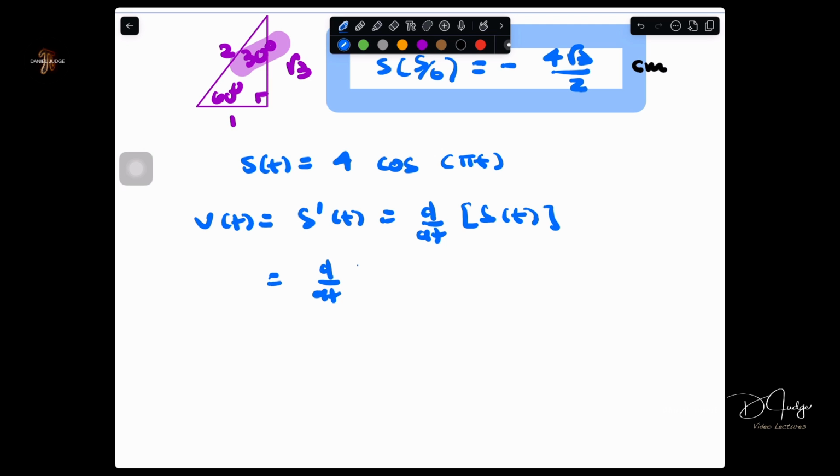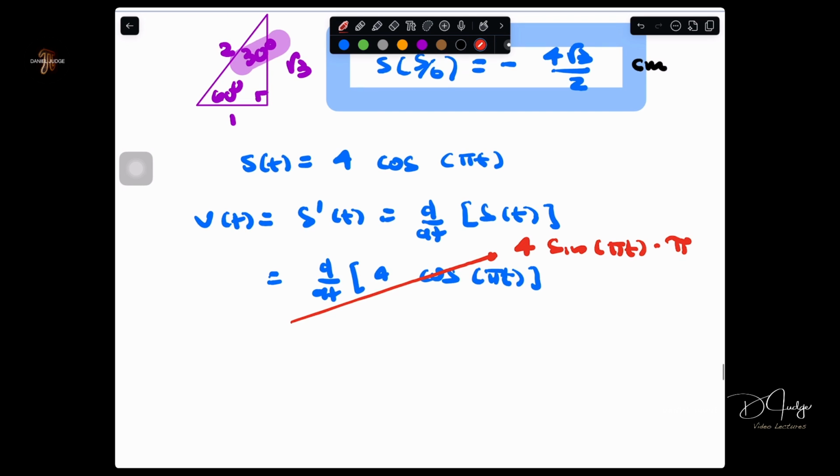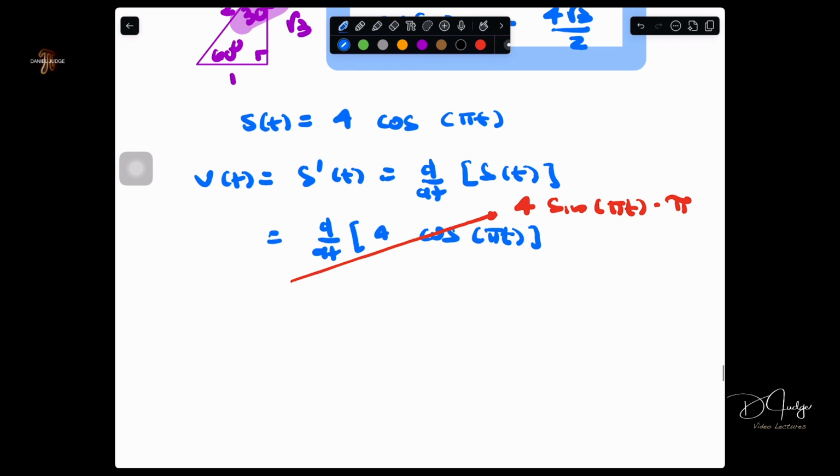So we're going to differentiate 4 cosine pi t, which means you get negative 4 sine pi t. Don't forget to multiply by pi because you're using chain rule here. So this is negative 4 pi sine pi t. Here's our velocity function.